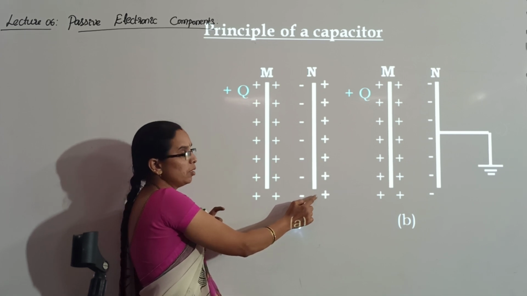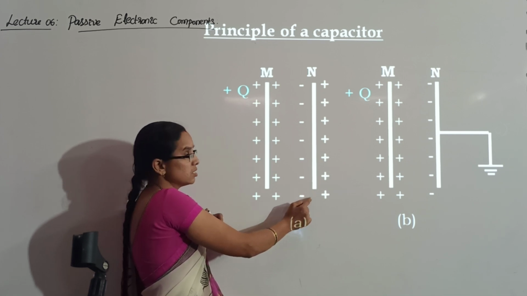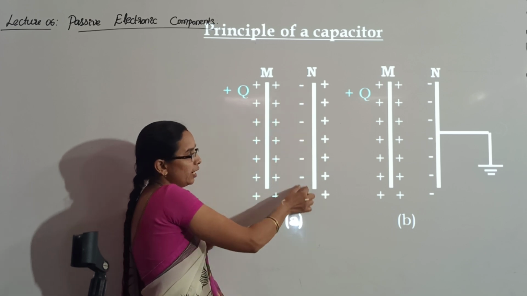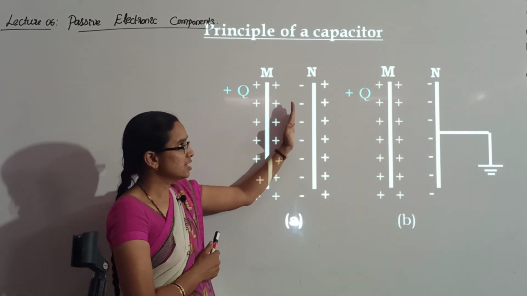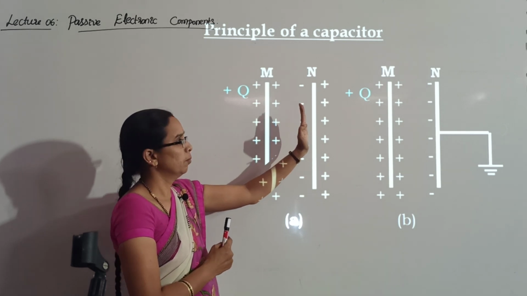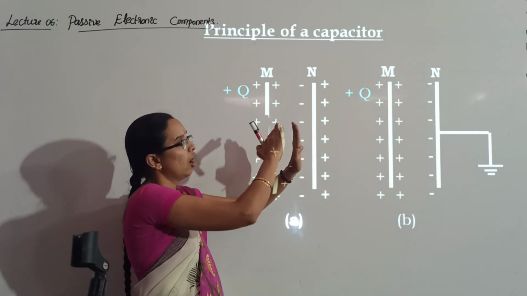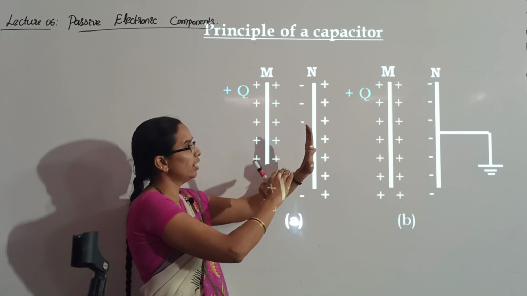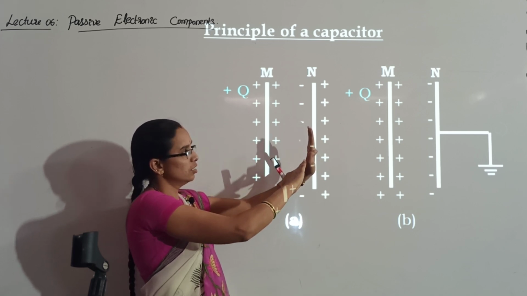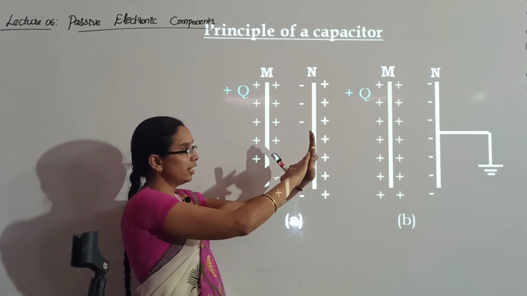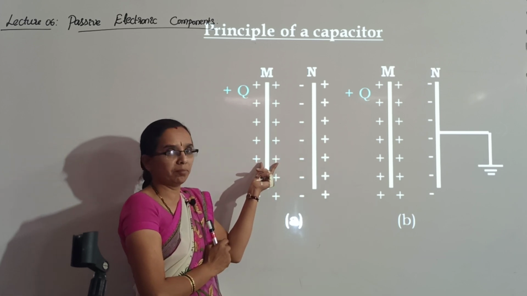Plate N will be having equal numbers of positive and negative charges, and all the negative charges are accumulated on the side of plate N which is facing plate M.